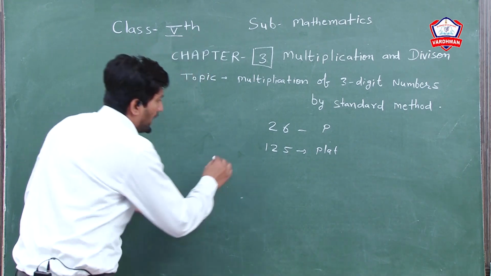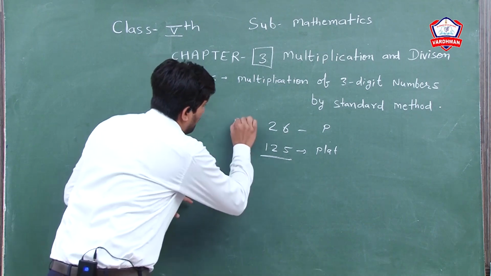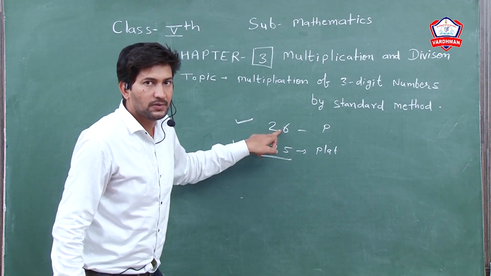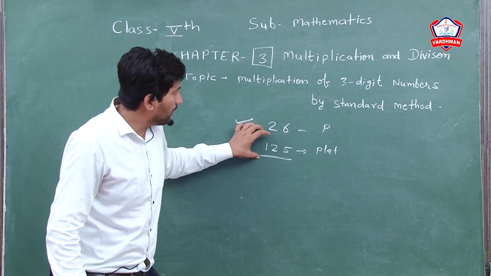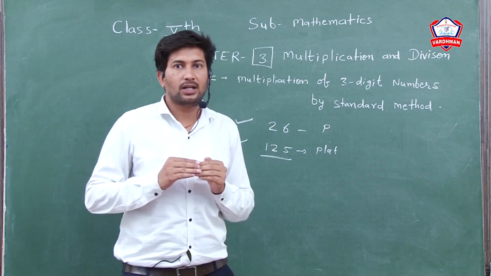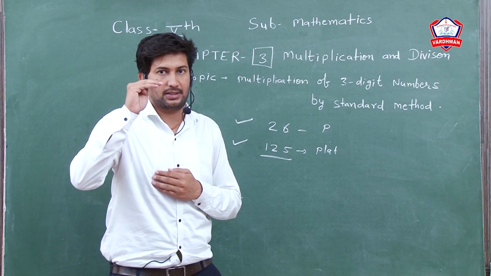Now, you can see that 125 is bigger than 26. In the standard method of multiplication, we take the bigger number on the upper part of the multiplication.